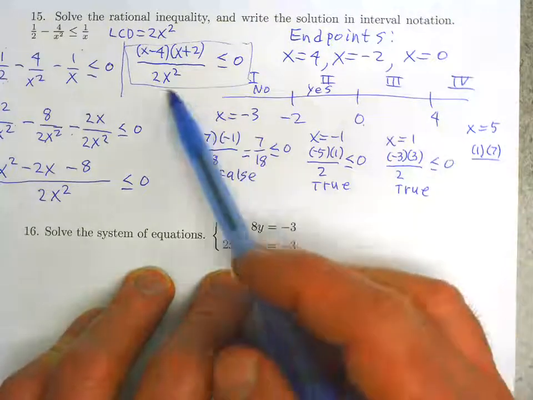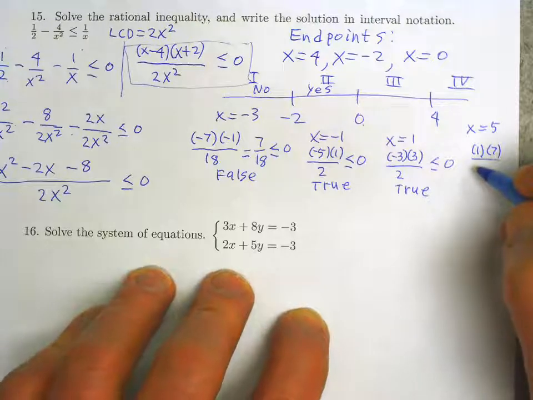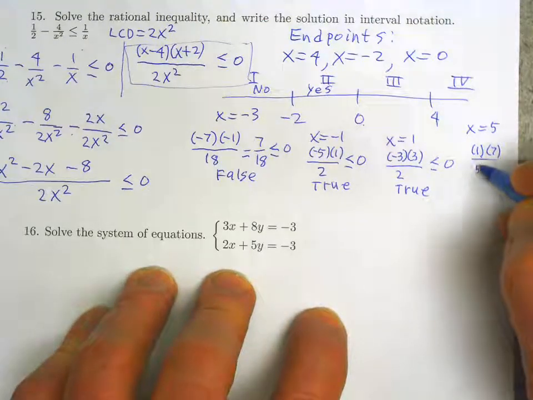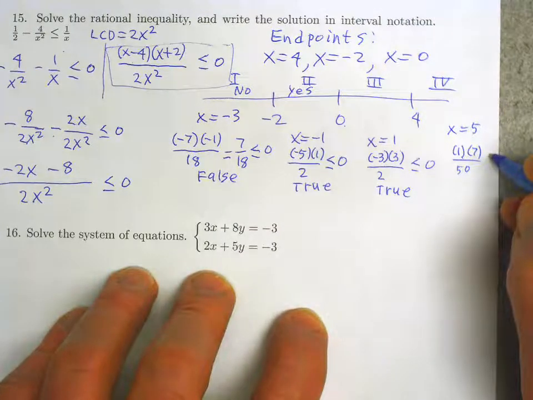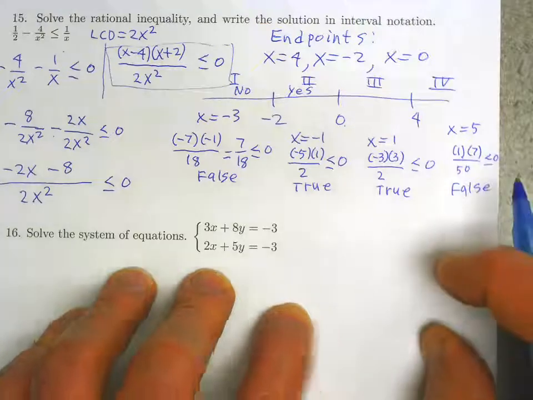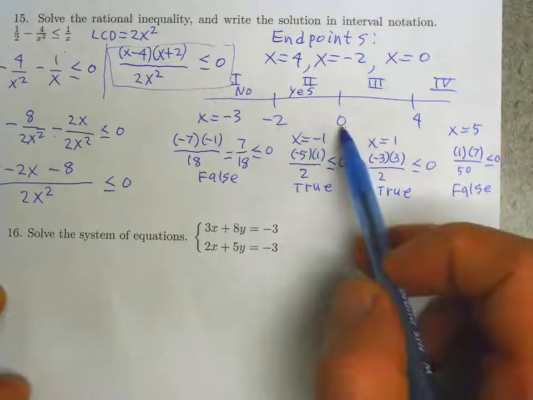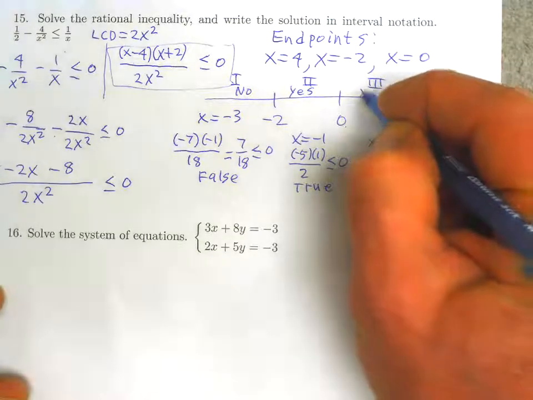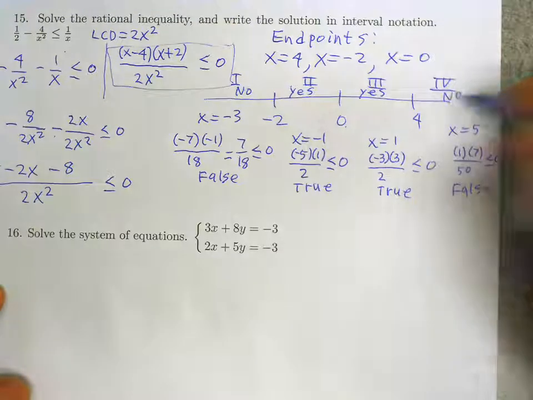And in the denominator, 2 times 5 squared is 50. So this number is positive, but a positive number less than or equal to 0 is false. Okay, so between 0 and 4, the answer is yes. And then from 4 to infinity, the answer is no.